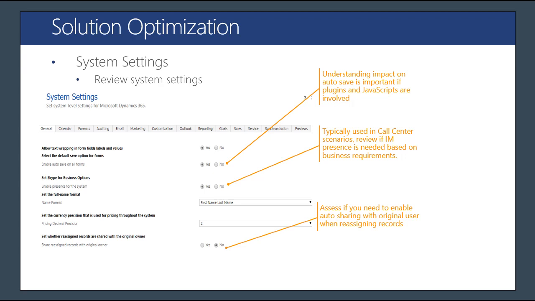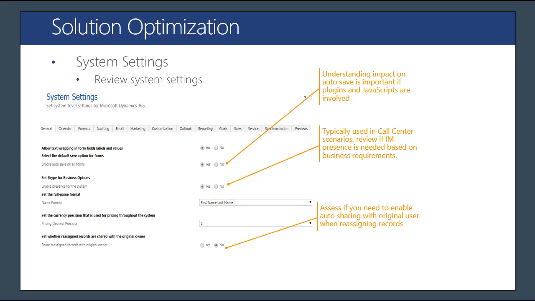So what you can see, first thing is autosave enabled, and autosave can be important because whenever you do some changes on the form, if it's enabled, it will trigger and save the record, and especially if you have plugins or JavaScripts on the onSave event, they will be triggered as well.